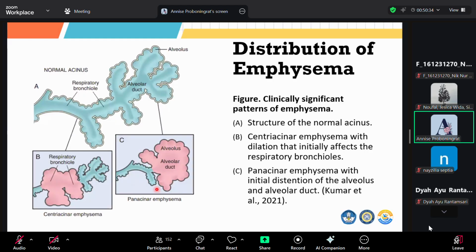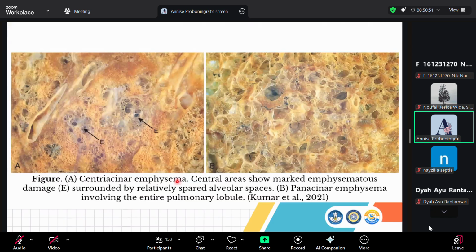And the panacinar emphysema, the initial distension starts from the alveolus part of the lung. This is the cross-section of centriacinar emphysema in the left figure.